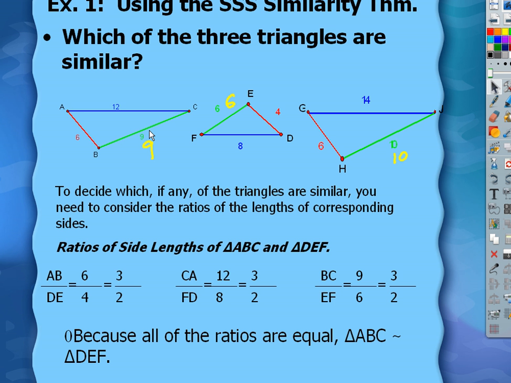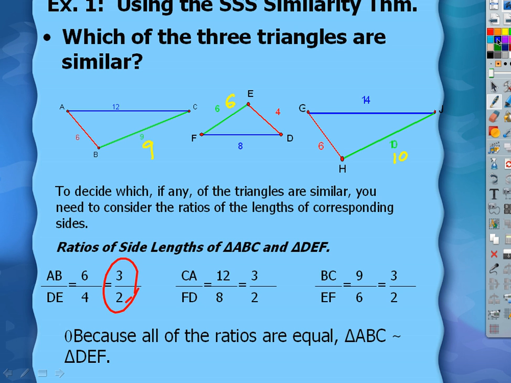Does it work? Well, we can see if we check here, 6/4. Well, that's in the ratio 3/2, but the others aren't, right? If I try 14/8, that's not in the same ratio. They're all 3/2. They would all have to be, right? Here's the red ratio for the first two.